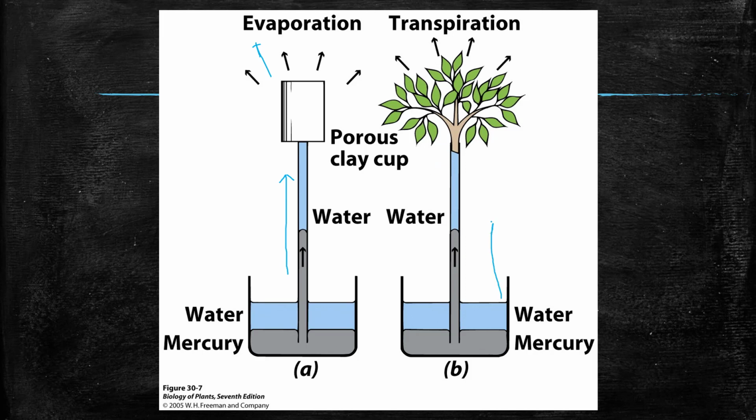It will pull that mercury upward, and they can measure how much pressure is being pulled by measuring how far the mercury moves. That's where you get that unit, millimeters of mercury, for pressure that we've used in lab before. Except we usually use digital probes, not actual mercury, right? So water will evaporate and be pulled up a tube, and it will actually have quite some force to it.